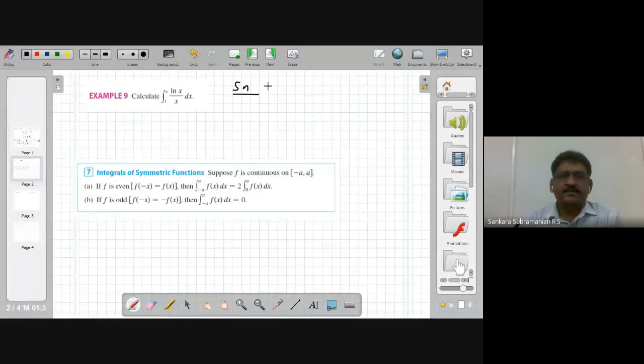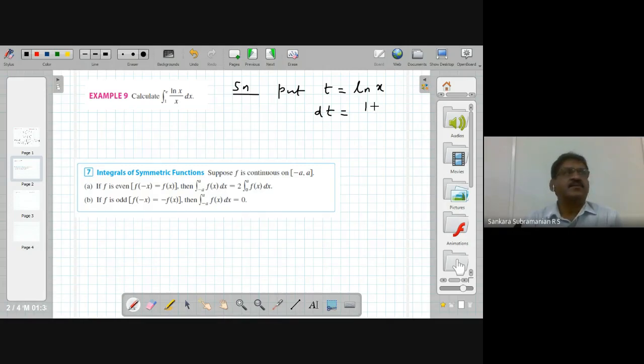So, solution: for evaluating this, I have to put t equal to log x. The symbol used by Stewart is ln, right? So here for dt, we differentiate log x.